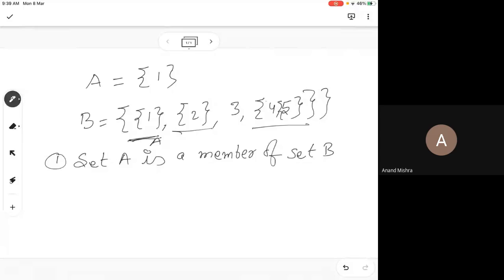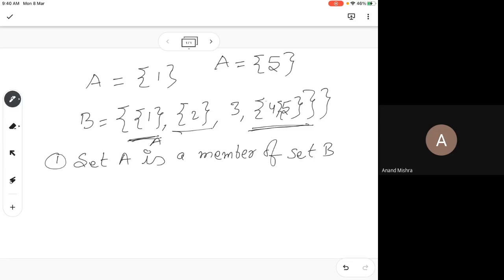Okay, so there are some questions. If A is 5, is that a member? A equal to 5, what do you mean? No, 5 is not a member, right? So {4, 5}, the whole thing is a member.